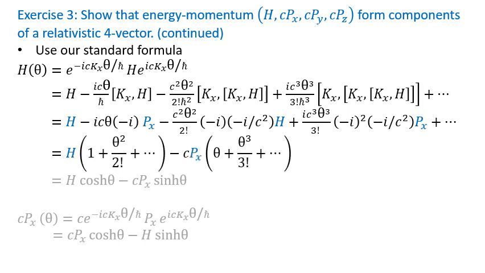Collecting the factors together, we can notice that they are Taylor series for the hyperbolic cosine and hyperbolic sine. A similar calculation performed with the x component of momentum also results in hyperbolic trigonometric factors.